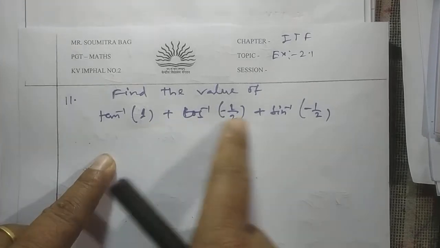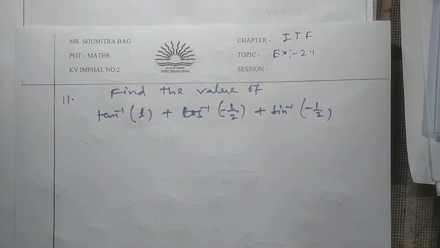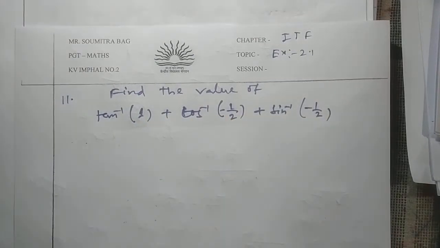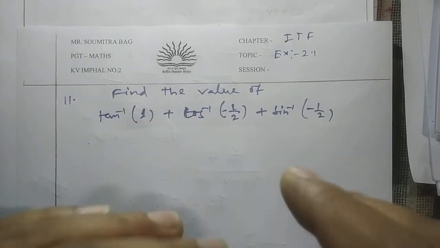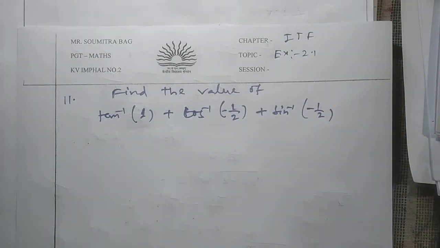But here altogether three ITFs are given. First we have to find their PV individually, and after that we shall be adding. That is the main work to be done here. Now let us find them one by one.